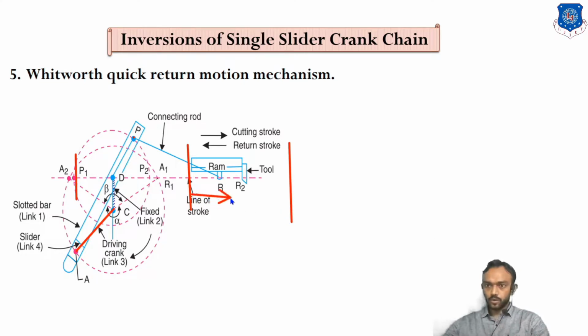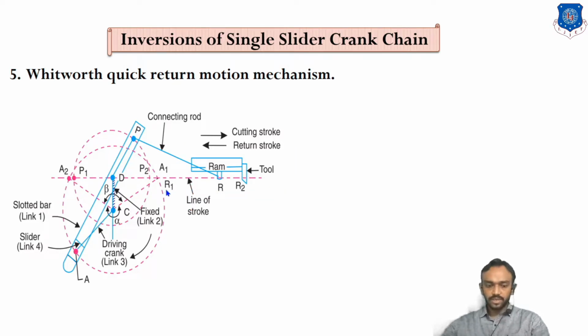So the cutting stroke will be like this, between P1 and P2. P point rotates, and for the P1 and P2 positions, there will be R1 and R2 positions. Okay, same as the slotted bar. So what is the angle?